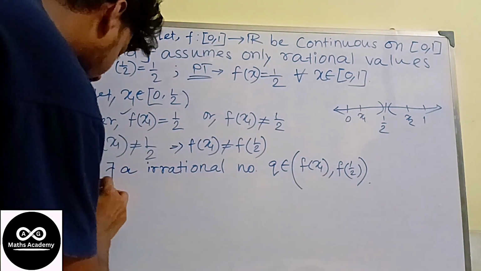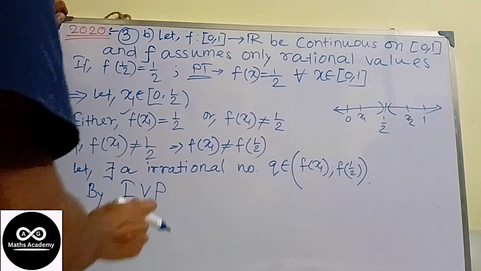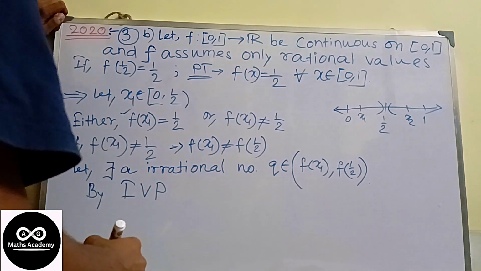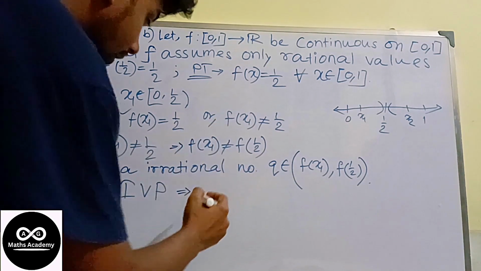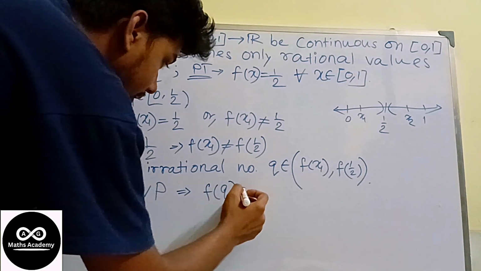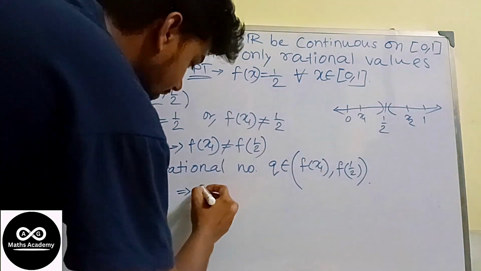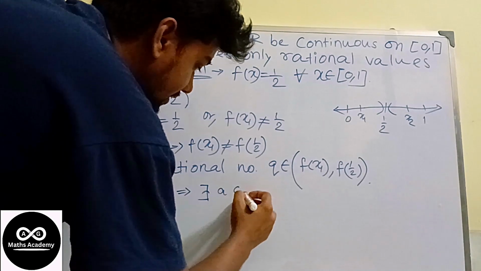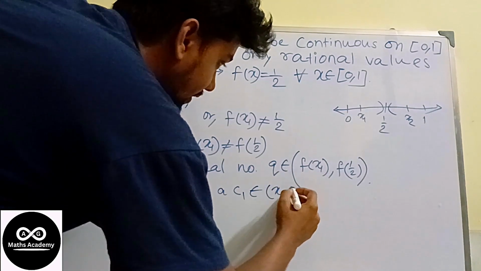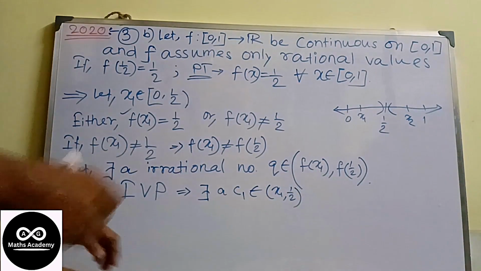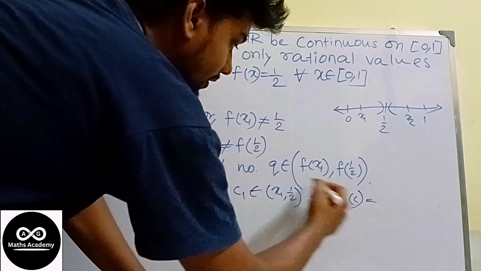Then by the intermediate value property, which is IVP in short form, we get that there exists a c, say c1, belonging to x1 comma half, such that f of c is equal to q.